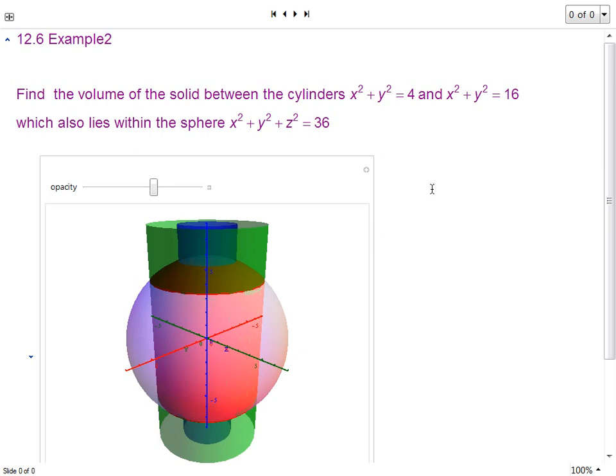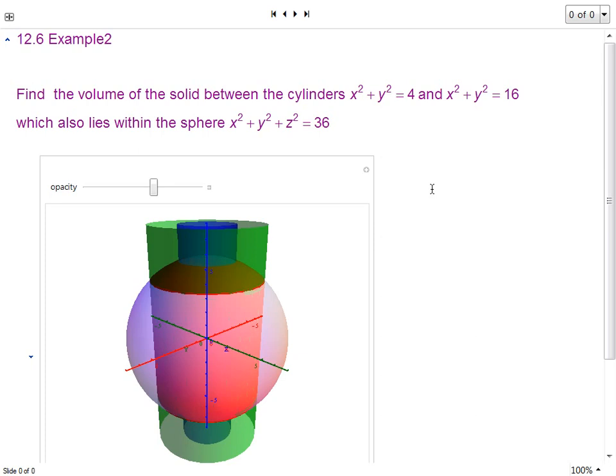Find the volume of the solid between the cylinders x squared plus y squared equals 4 and x squared plus y squared equals 16, which also lies within the sphere x squared plus y squared plus z squared equals 36. I kind of wish I didn't have the picture there for you, because part of this is you being able to visualize it without anything.